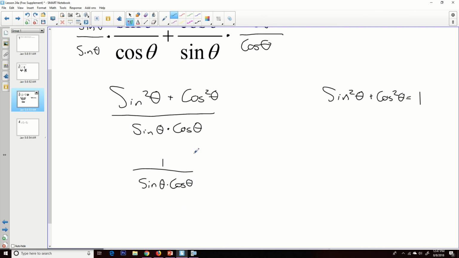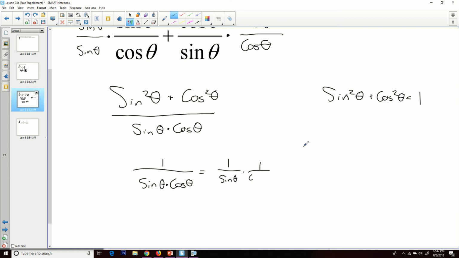And technically this would be okay as a final answer, but remember, when you have multiplication, you can separate it into two fractions, because multiplication, you just multiply the numerator and the denominator. So I got 1 over sine theta times 1 over cosine theta, and 1 over sine theta is cosecant theta, not cosine theta.